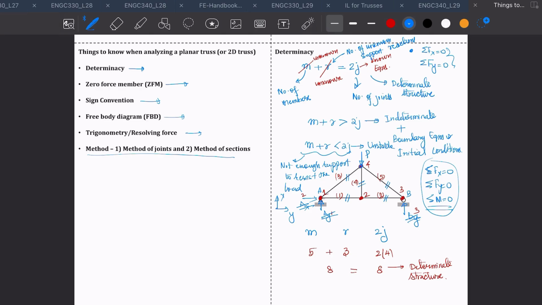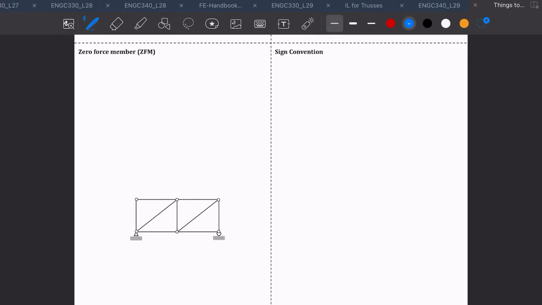But if the question itself says, find the unknown forces, that means you don't have to check for determinacy, because by default it is a determinate structure, which means that using your equilibrium equations is enough. So that's the things that you need to know about analyzing a planar truss or a 2D truss.